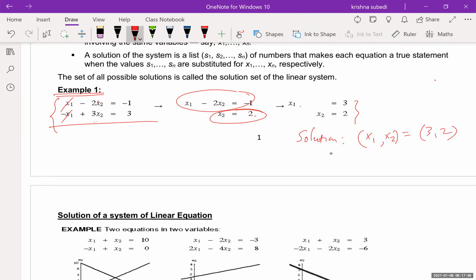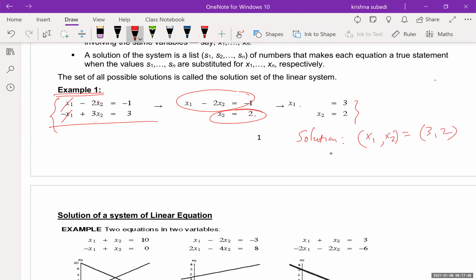Can you calculate this quickly? x1 plus x2 equals 10, and negative x1 plus x2 equals 0. Can you tell me what your x1 and x2 are? Both are 5. All right, so this is the point 5 and 5.